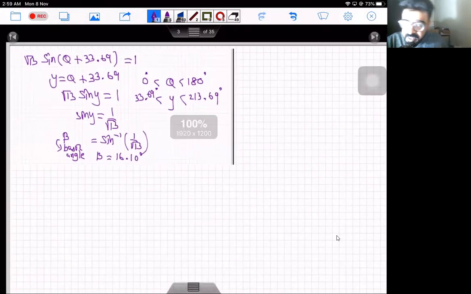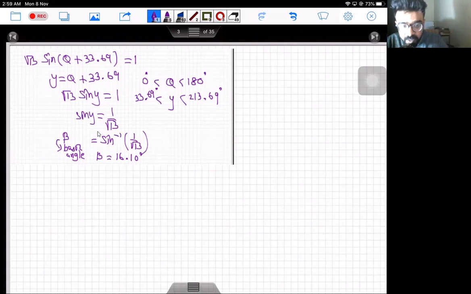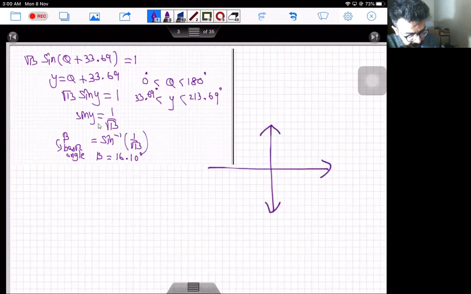And the range of y is 33.69 to 213.69. Now since we are considering the positive value of sine y, sine is positive in the first quadrant and the second quadrant. So in the first and the second quadrants respectively, we make slant lines, and the basic angle always lies between the slant line and the horizontal axis.